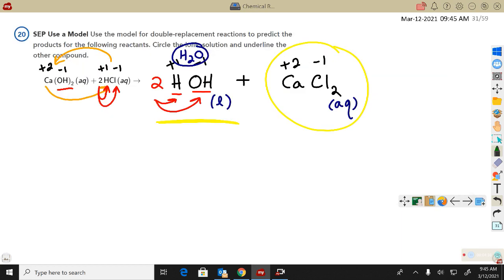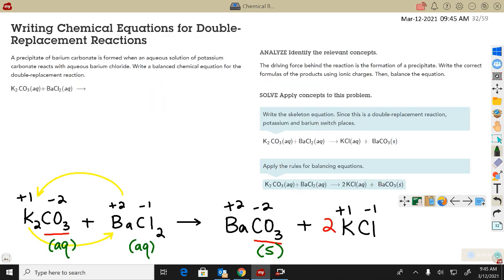Oh, so if we know that the barium carbonate was my solid precipitate, then the potassium chloride is my aqueous ionic solution. And there we have it. Everything is written correctly. We've got it balanced. We've got the phases in. So that if somebody wasn't able to run this reaction, they might at least kind of know what to expect.